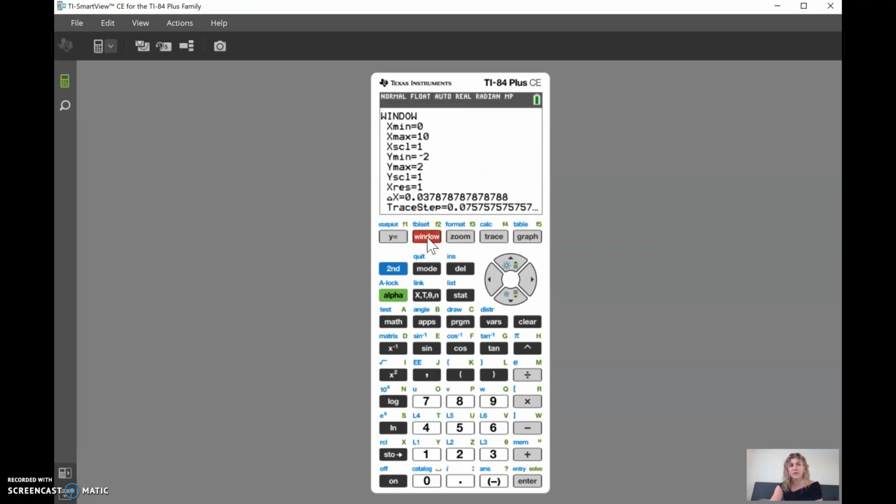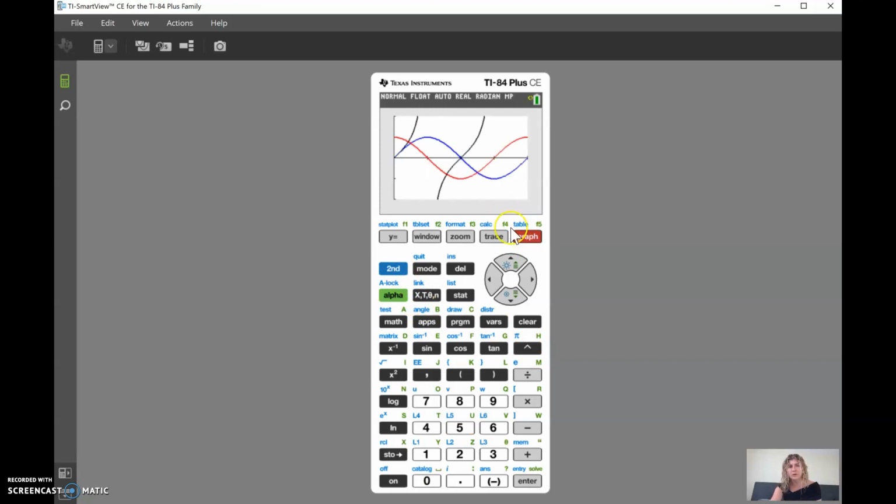I'm going to set up my window to go to 2 pi, and my x scale I'm going to set as 0.5 pi. Now we should graph. Actually, I'm going to turn these two off for a sec. I'll turn them back on again in a minute.